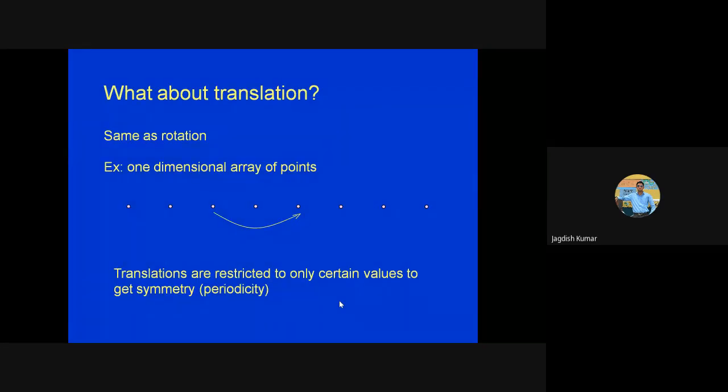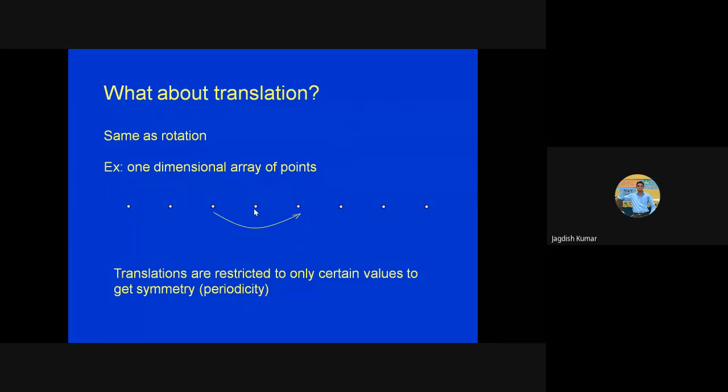What is the meaning of translational symmetry? Translational symmetry means if I am at one of the points on this one-dimensional array of points, and I move from one point to another point, then on both these points I would be noticing exactly the same environment. I won't be in a position to tell if I have gone from one point to another.